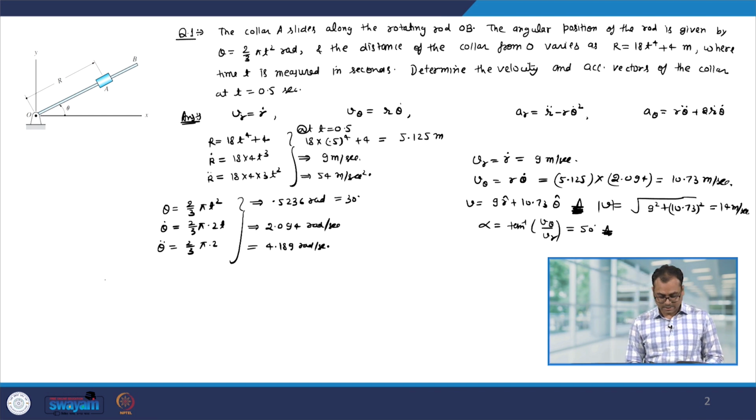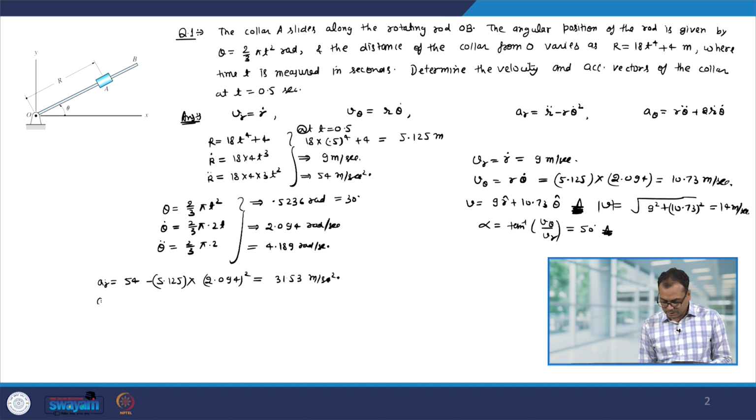Now let us look at the acceleration. Acceleration Ar was r double dot, which is 54 minus r, which is 5.125 multiplied by theta dot square, and theta dot is 2.094 square, and this comes out to be 31.53 meter per second square. Now let us look at A theta.